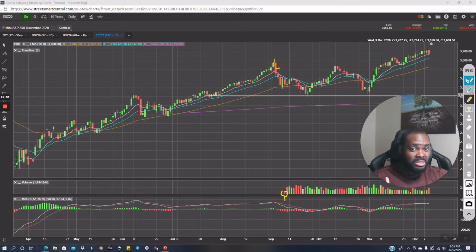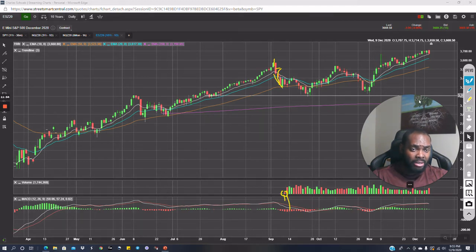Okay, that was just a little bit. Now the second day price fell, and then you start to see volume pick up more. That shows you that price is actually selling off.